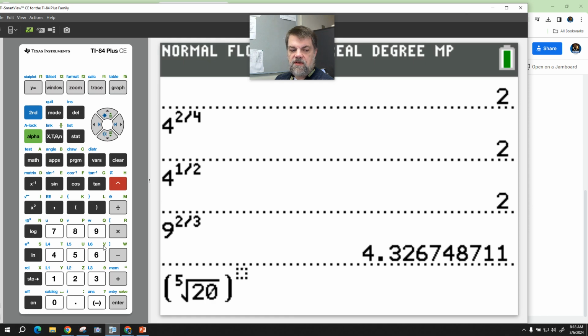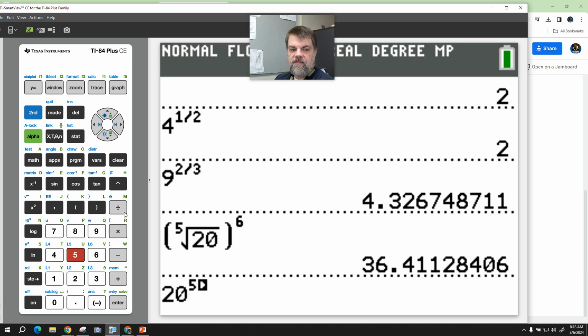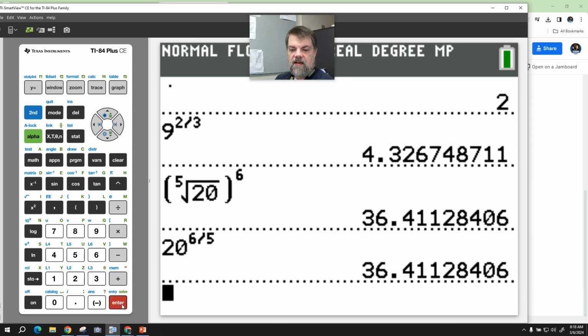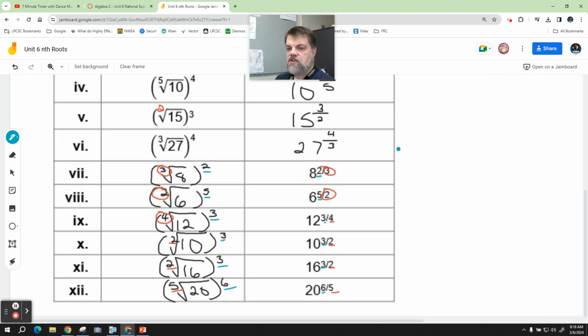Yeah, 6 power. That's the answer. And then if I say 20 raised to the 5 divided by, oh, not 5. See, I almost did it. 6 divided by 5. Same answer. Okay? Any questions on that one?